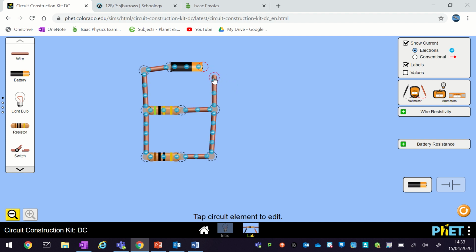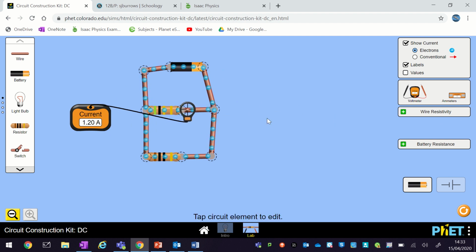Okay, so let's put or get our ammeter. So here we can see we've got a 5 ohm resistor here, so you can see the current in there is 1.2. This one is a 10 ohm resistor, so you can see the current is 0.6, so it's actually half.